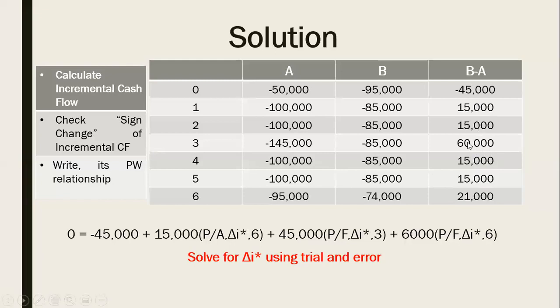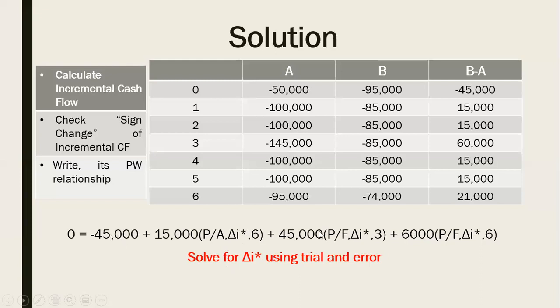So here we have 60,000 at the end of third year. The difference of 60 and 15 is 45. The remaining 45 is dealt with as a single amount. And then again 21 minus 15, the difference is 6,000, which is again dealt with as a single amount and converted to present worth at time 0 by using P over F factor for 6 years.